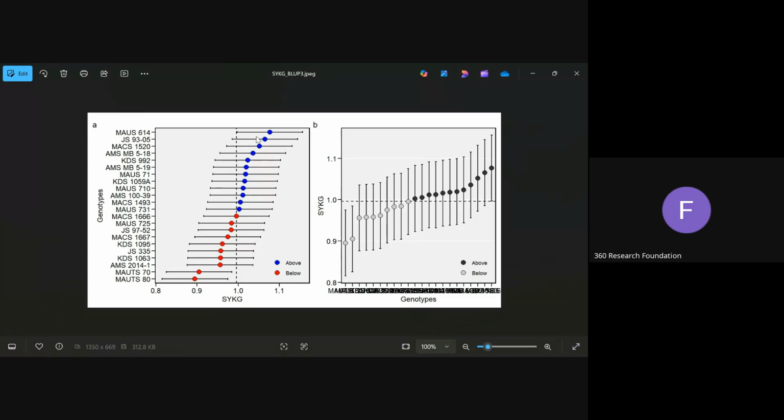You can see 614, 905, 1520, 518, 992, 519, up to 731. All these genotypes perform better than the average, while 80, 70, and 2014 are the poor performers.